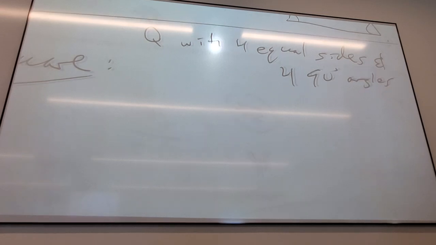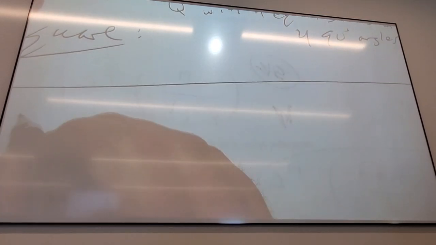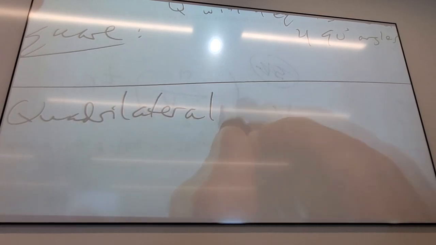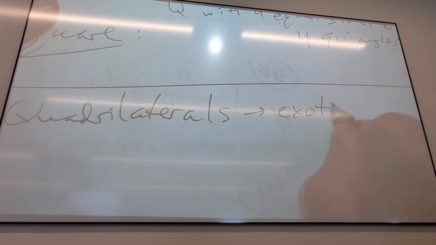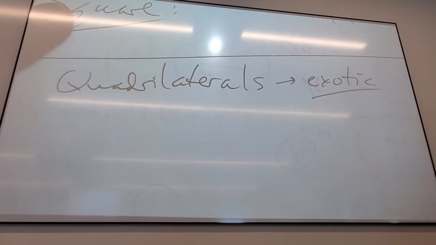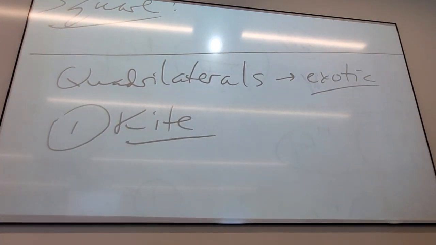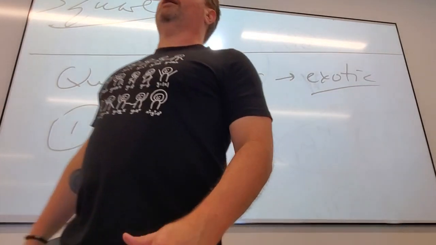A couple weird little side notes. So here's some other quadrilaterals. I'm going to call them the exotic category. Kite. Now, if I said, draw a kite, could you guys draw a kite?